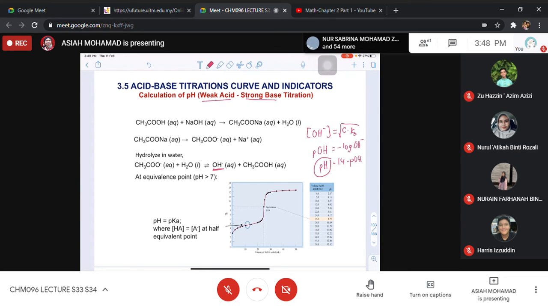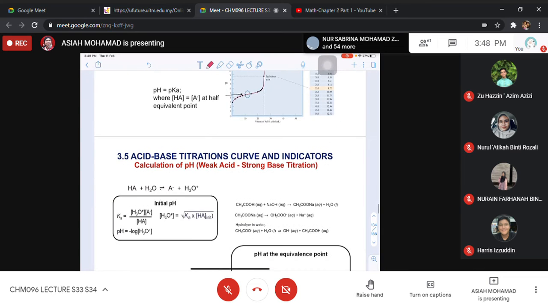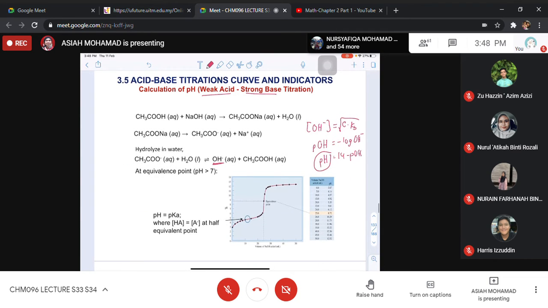Okay, so let's look at this example. The reaction between weak acid CH3COOH, acetic acid, and sodium hydroxide, which is a strong base, produces sodium acetate. Sodium acetate in water will produce acetate ion and sodium ion.